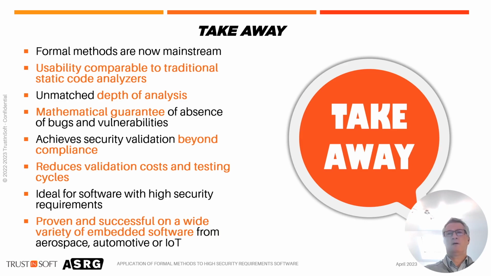Beyond using those tools for compliance because it's required by a standard, they provide an excellent level of validation. They can help you reduce your validation cost and your testing cycle. They're particularly well suited for software with high security requirements.